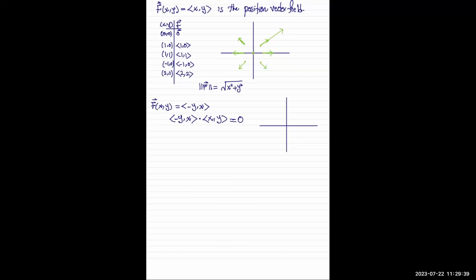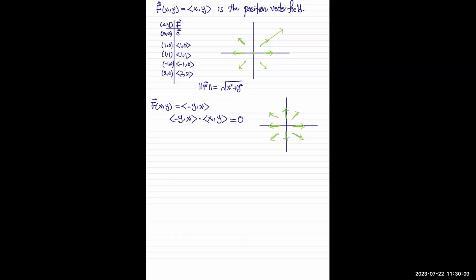Let's say we have the vector 1, 0, the vector 1, 1, the vector 0, 1, negative 1, 0, 0, negative 1, also negative 1, 1, negative 1, negative 1, and 1, negative 1.